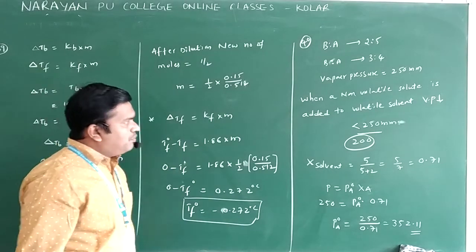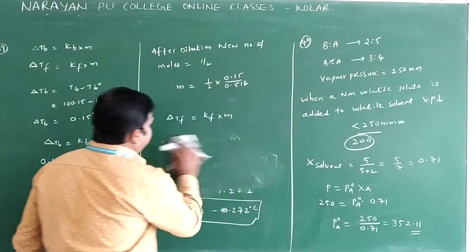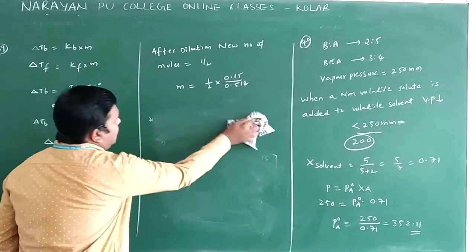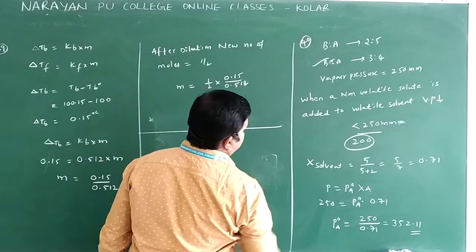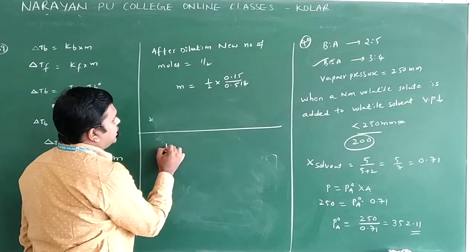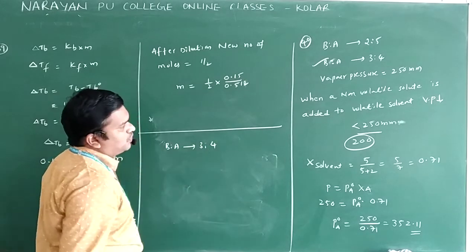Now we can substitute this value in the same formula with the second molar ratio. The molar ratio of the second solution is 3:4 only.